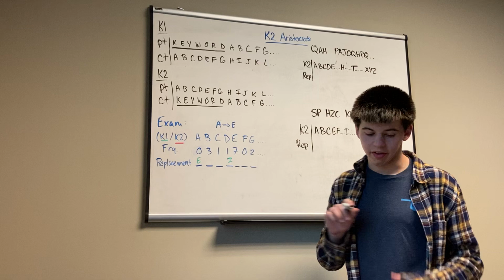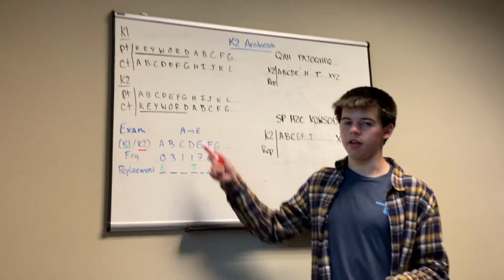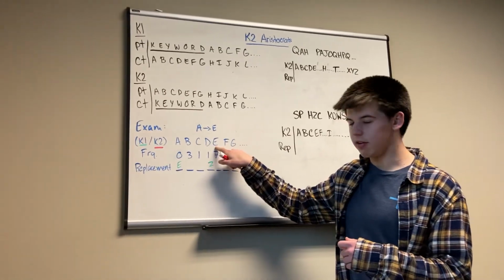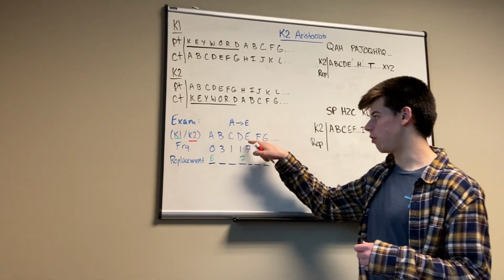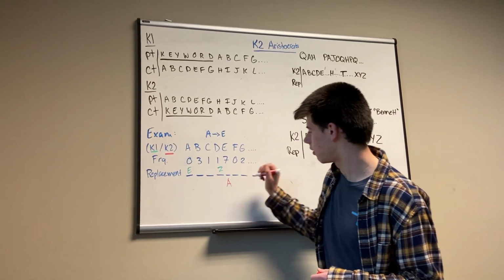But with a K2, if I have the encoded letter A and I think it translates to E, I would go to E on the alphabet they give you, and then underneath that you'd write A.